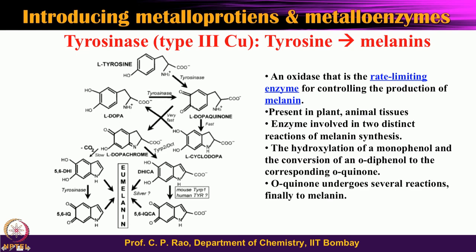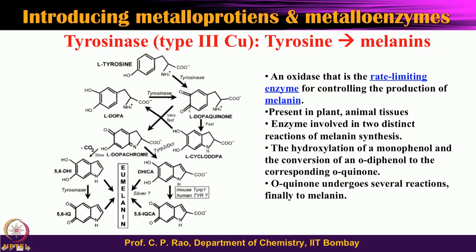Dopamine is converted to this particular thing with this enzyme called tyrosinase. So, the enzyme is referred to as a tyrosinase and it has a type 3 copper center. So, this will oxidize this and further slowly it will convert into these two. This one is referred to as dopachrome and this is referred to as dopaquinone. Why?